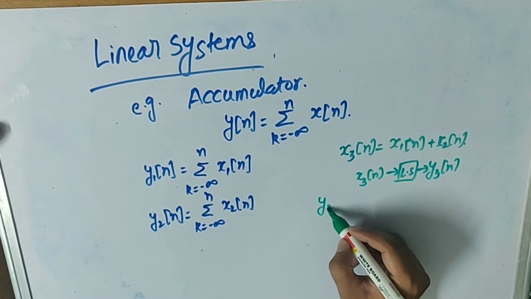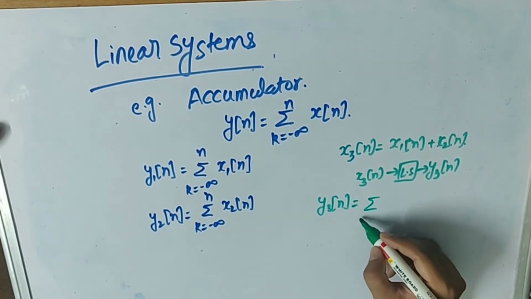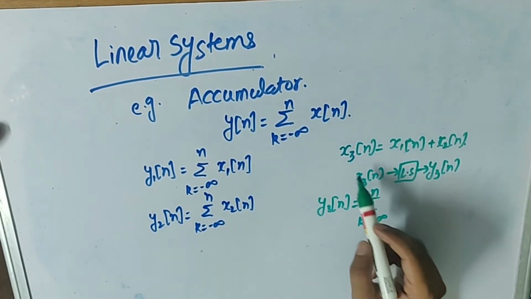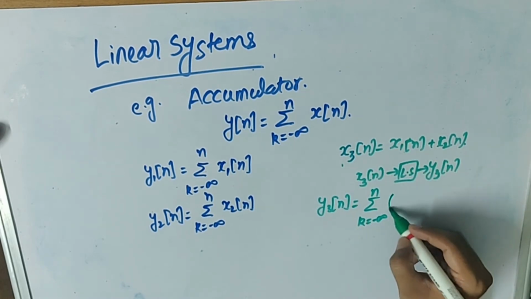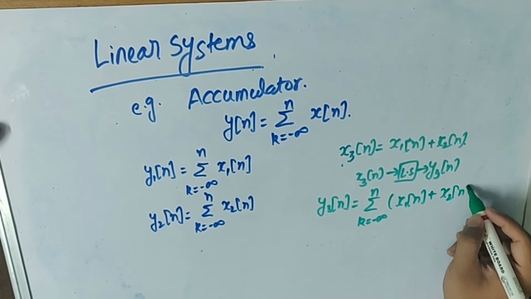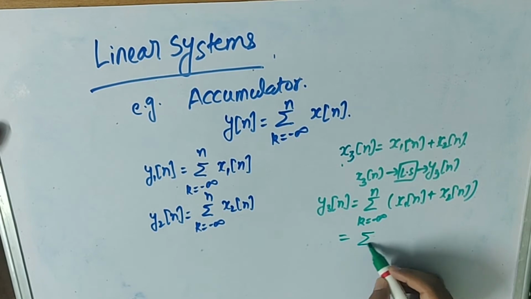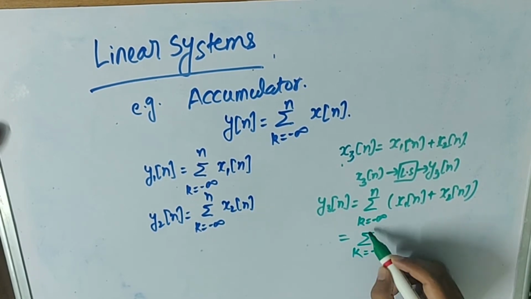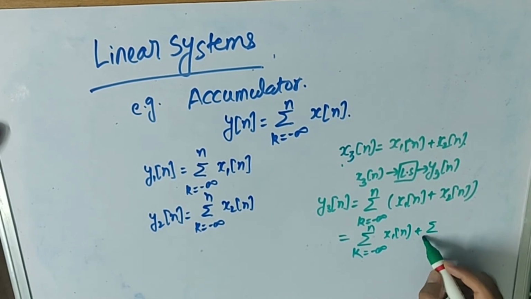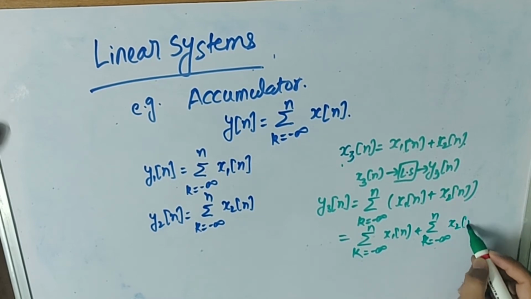We can write y3[n] as the same expression, summation k equals minus infinity to n. Instead of x[n], we will write x3[n], and let's expand x3[n] as x1[n] plus x2[n], doing their individual summation, summation of x1[n] plus summation of x2[n].